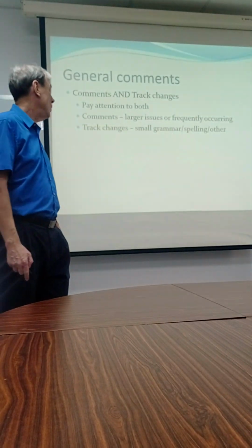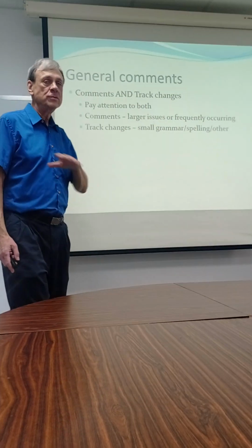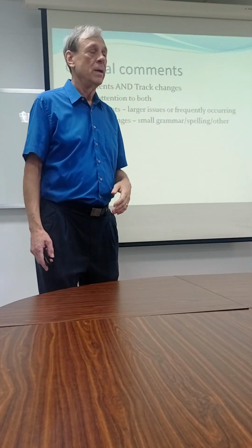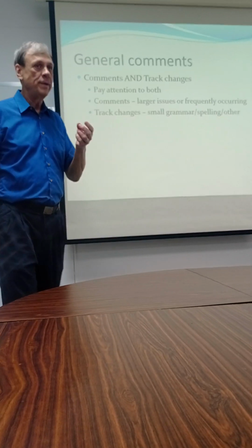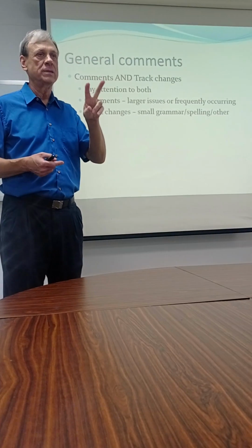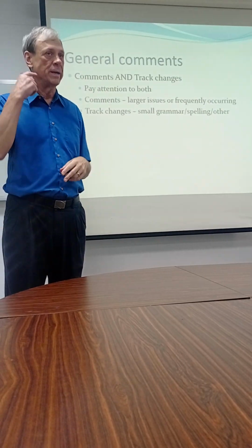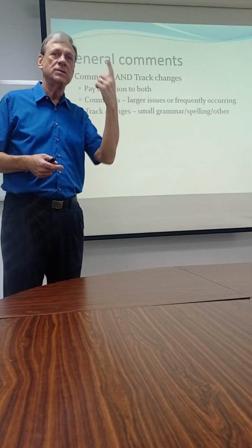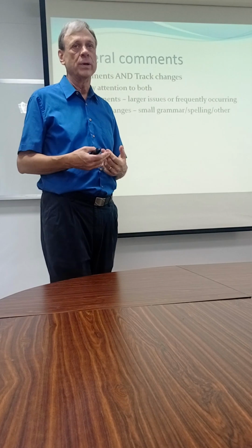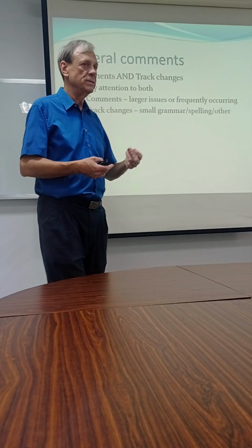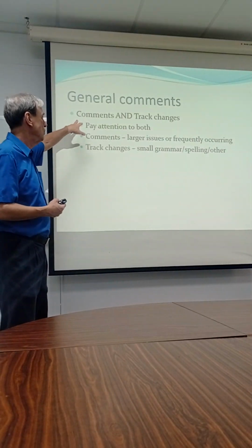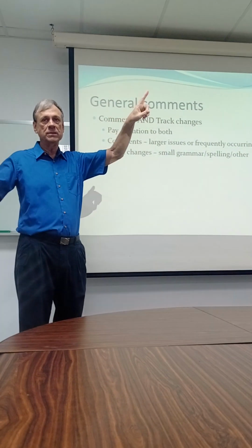Okay, so a few general comments first about the assignment. One is, you see there are 2 documents that I attached to your grade. One is the grade sheet that tells you how I graded each category. The second is your paper with my comments. And it has 2 things. It has comments on the side.